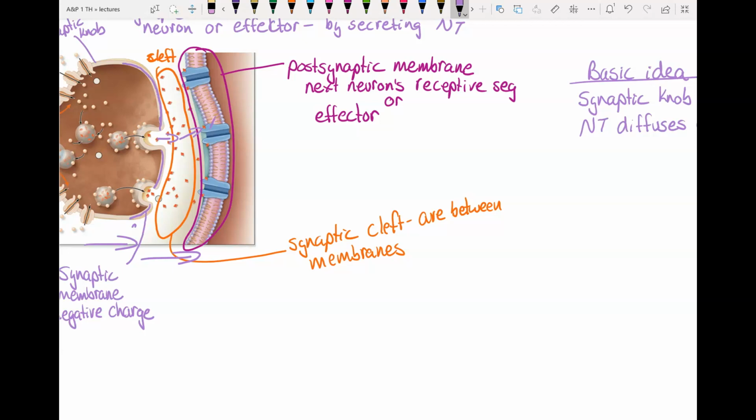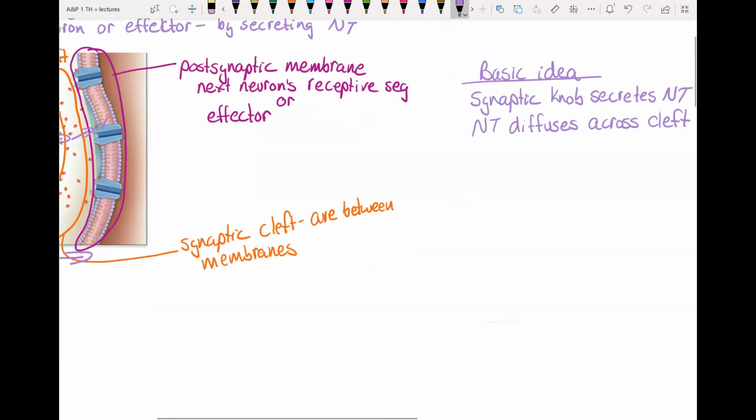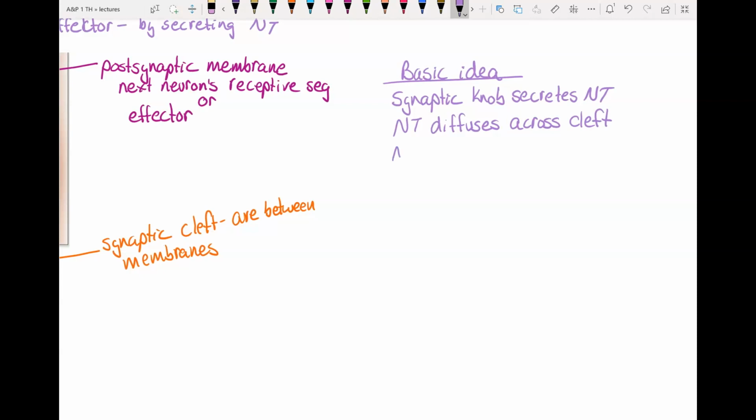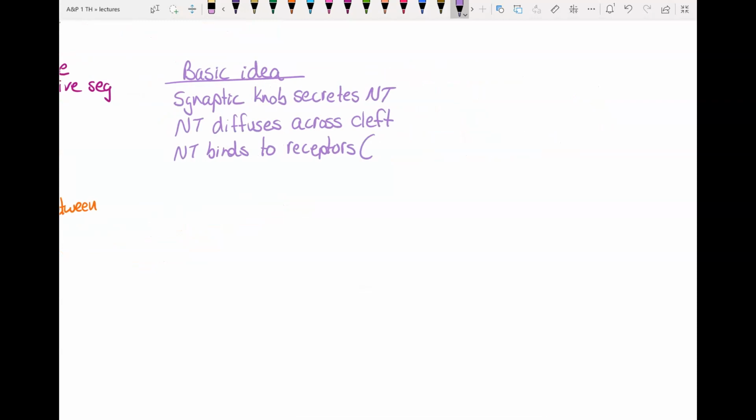So it binds to receptors on the postsynaptic membrane. And the receptors are part of the ligand gates.